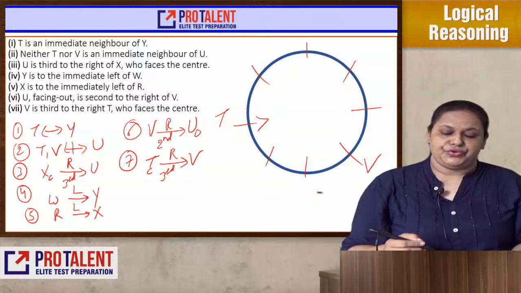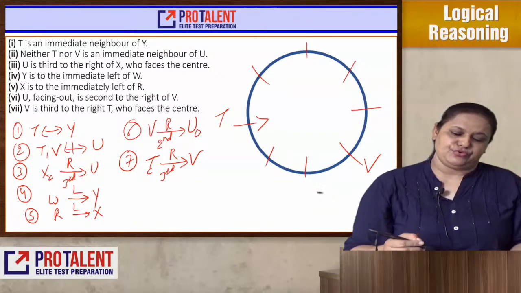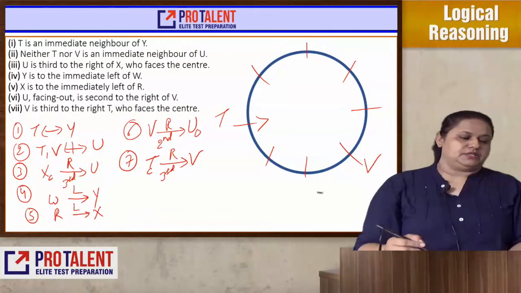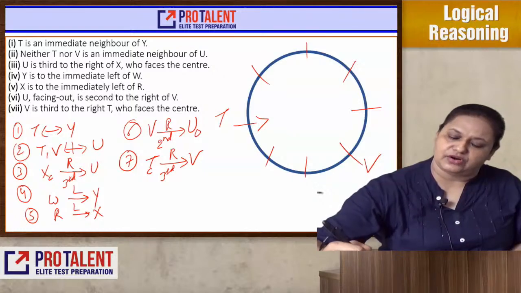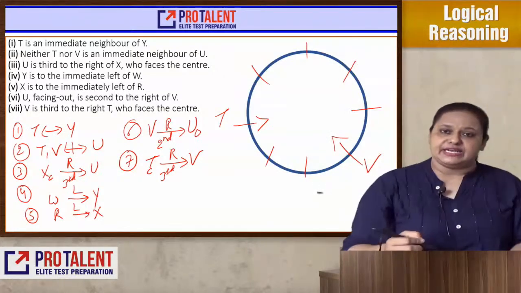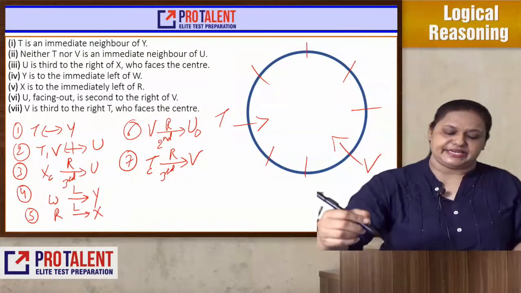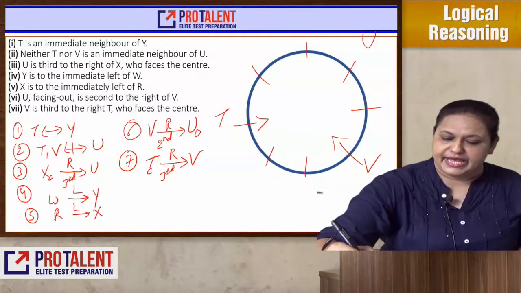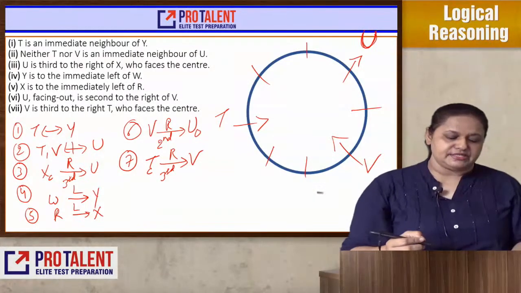So if U is facing outside, can I assume V to be in the center for a moment? Let me see if my setting is going right or not. If I assume V is facing the center, then in the right side at the second position, U is there, which is facing outside. Okay, so this is what I have taken.